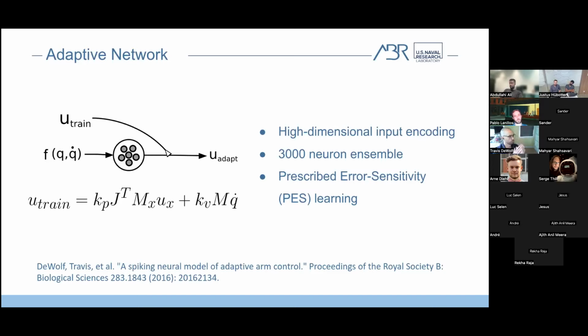Basically we're using this over another method because we're using the NEF, and this method works effectively with that. But it's a standard delta learning rule where you're just calculating the error and then doing error assignment to each of the neurons based on what we call encoders, their preferred directions or what they're sensitive to.